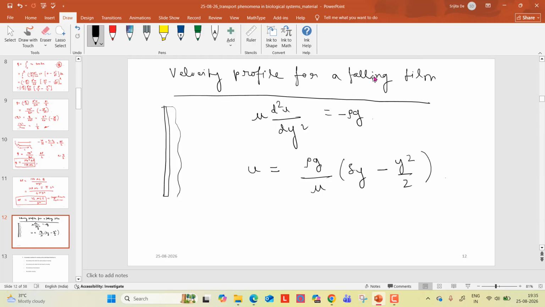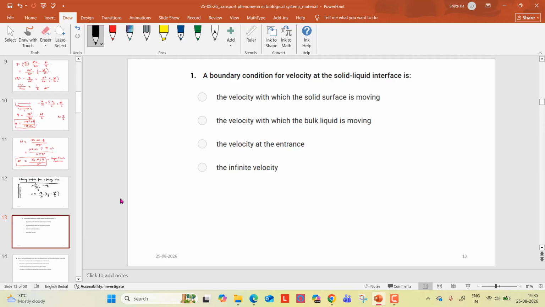So your first question is this. A boundary condition for velocity at the solid-liquid interface. Tell me. So you know that at the solid-liquid interface, for the velocity, we apply the no-slip boundary condition.